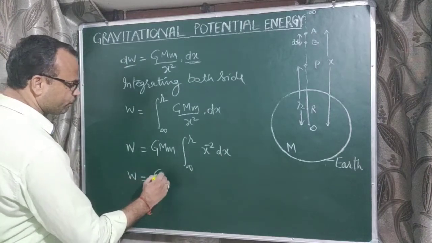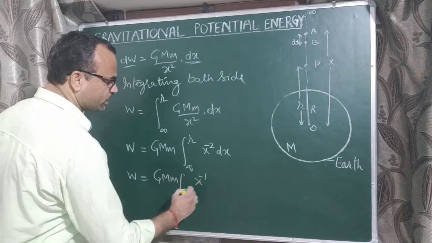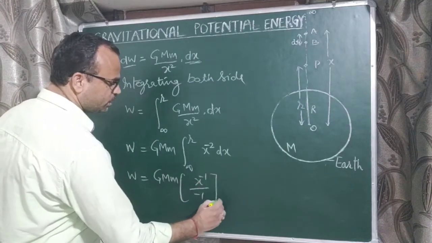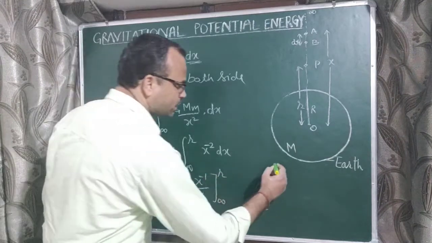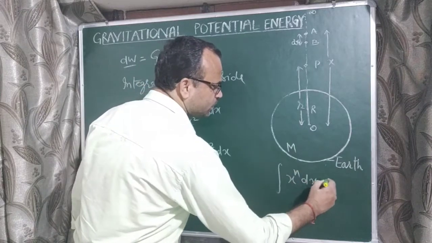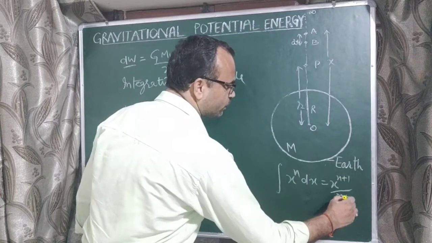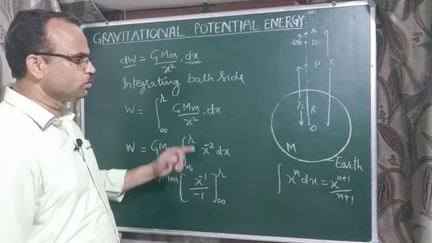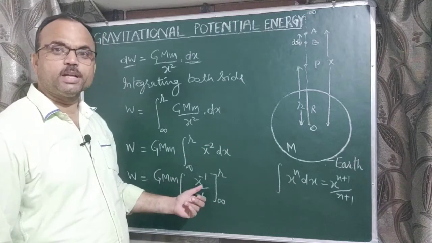W is equal to GMm times x raised to the power minus 1 upon minus 1, with limits infinity to r, because we know that the integral of x raised to the power n dx is equal to x raised to the power n plus 1 upon n plus 1. Here n is equal to minus 2, so n plus 1 is minus 1.